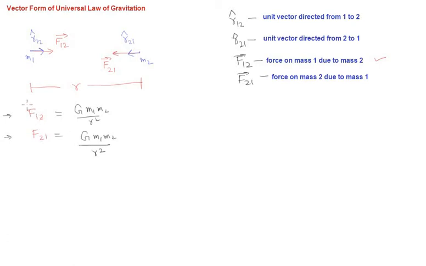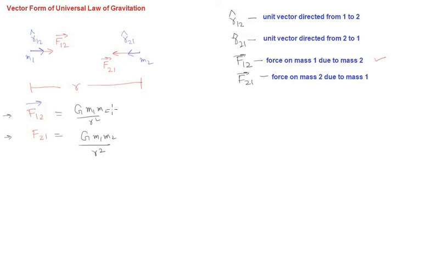So this force becomes a vector once you give the information of direction. Now as you can see, f12 is towards your right, assuming that you are holding your laptop properly. So for f12, which unit vector is pointing along f12? r12.